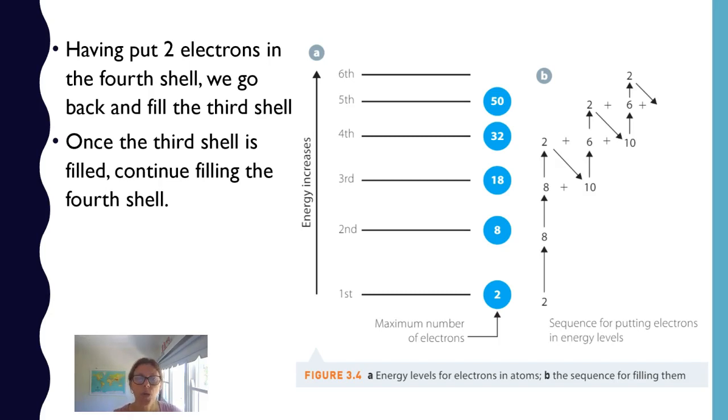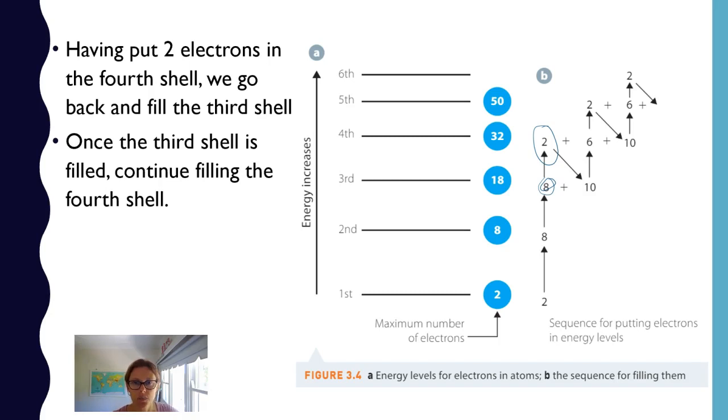But because we're working on stability, and the reasons for this you will soon find out, we fill 8 electrons first. So 2 in the first, 8 in the second, 8 in the third. Before putting extras in that third shell, we have to pop 2 into our fourth shell.